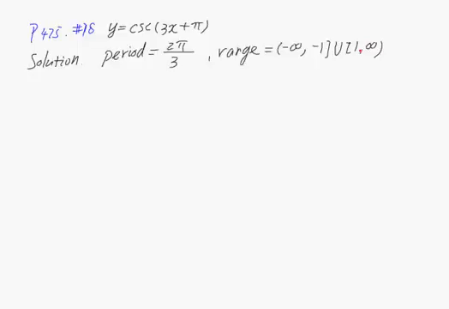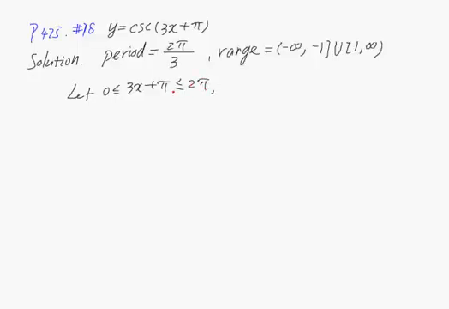Now let's determine one cycle. Let's begin with the fundamental cycle of the original cosecant function. So we need 3x plus pi greater than or equal to 0, less than or equal to 2 pi.